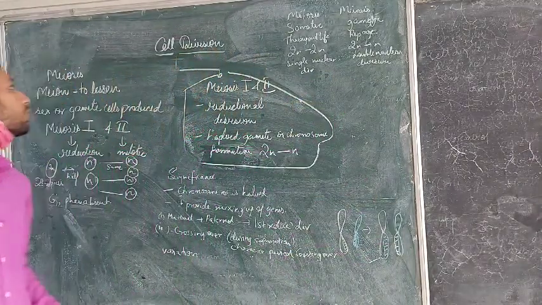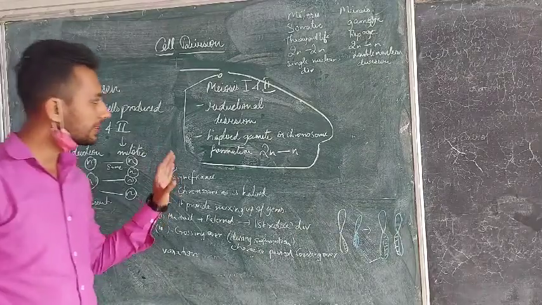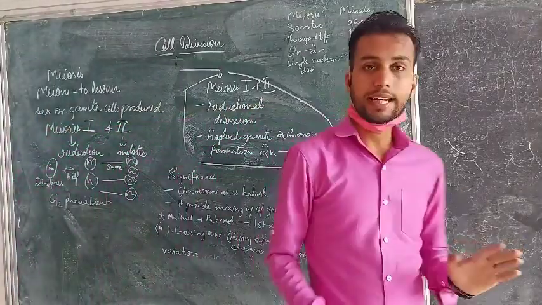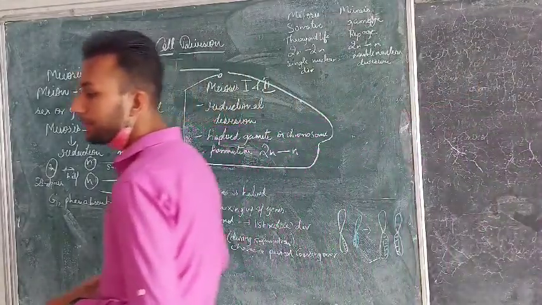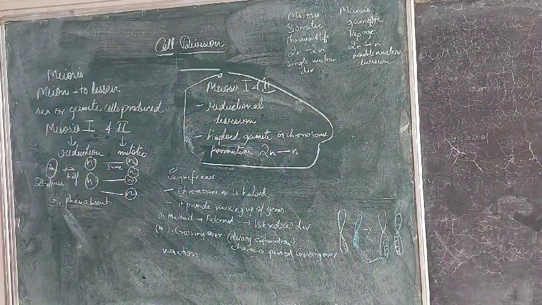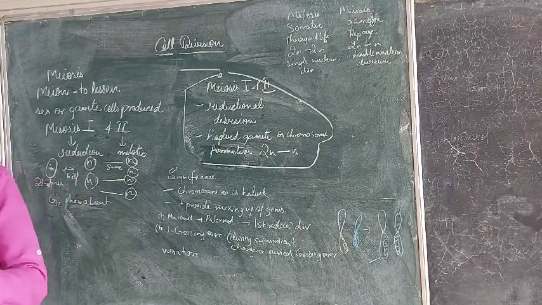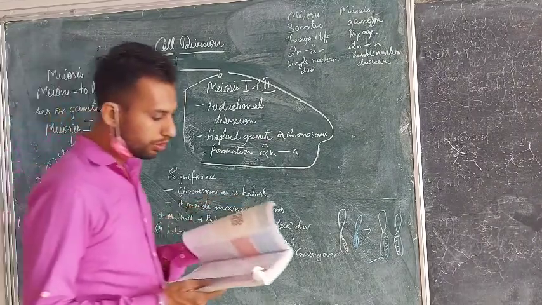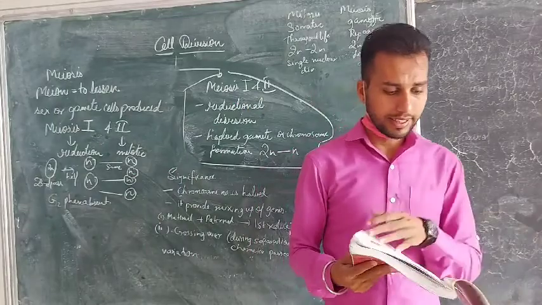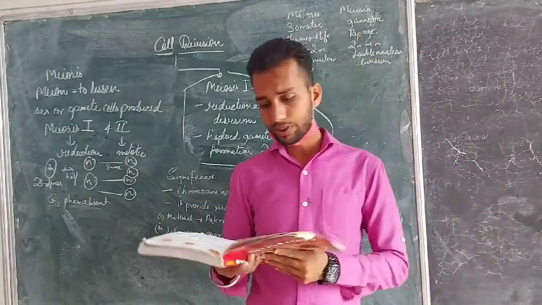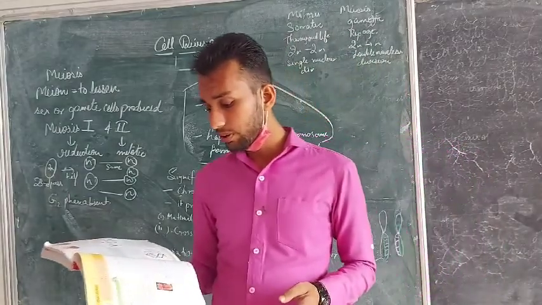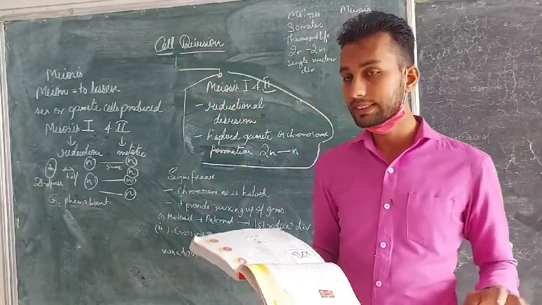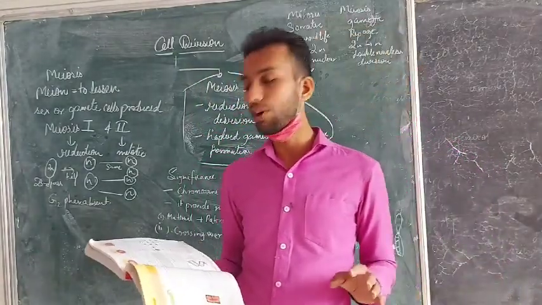So these are all the topics regarding meiosis first and second, the difference between mitosis and meiosis, and the significance of meiosis. Now in this chapter, let us do a review of what we have studied. We studied the chromosomes, what they are, and their discovery by Walter Fleming in the salamander.